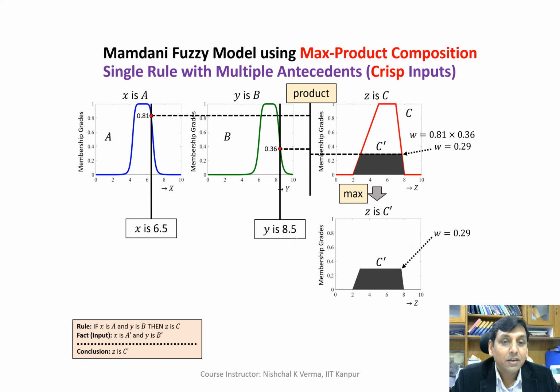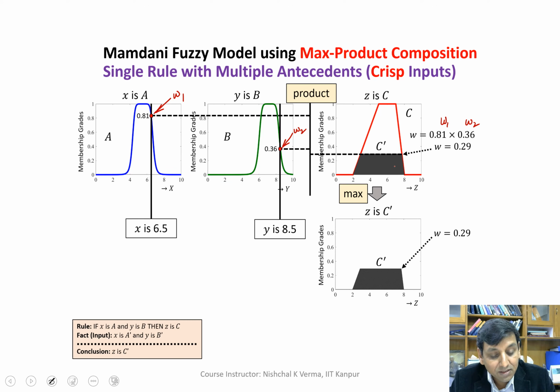Now what happens when we take the max product composition? Since we already have W1 and the other weight W2 corresponding to x is equal to 6.5 and y is equal to 8.5, when we take the product of these two weights, we get W is equal to 0.29.